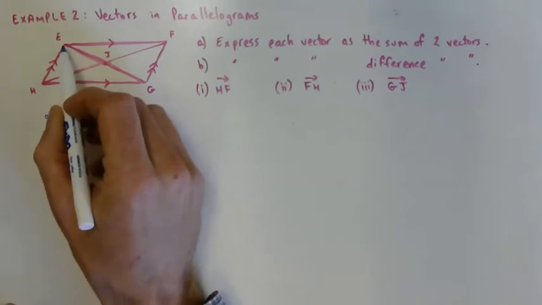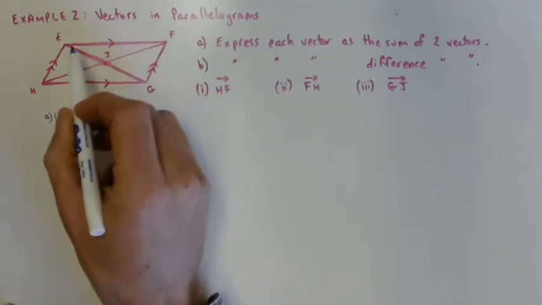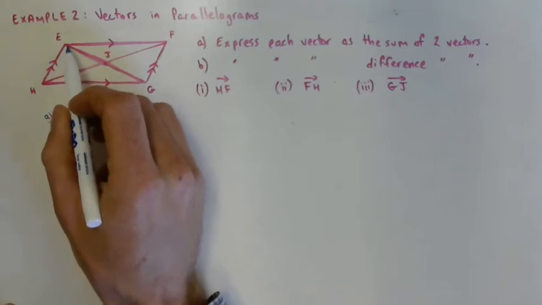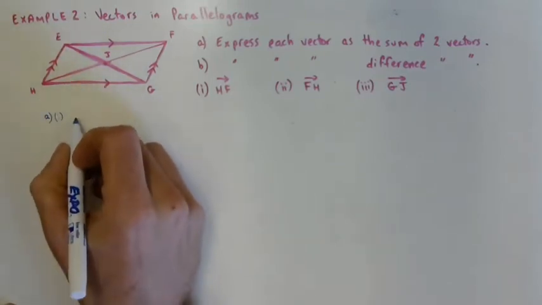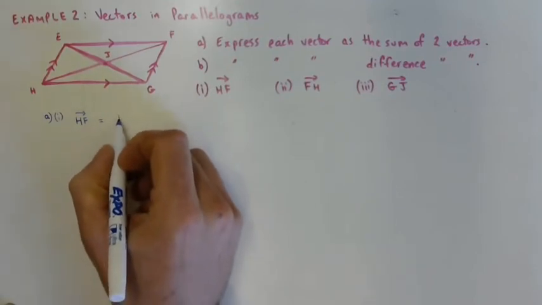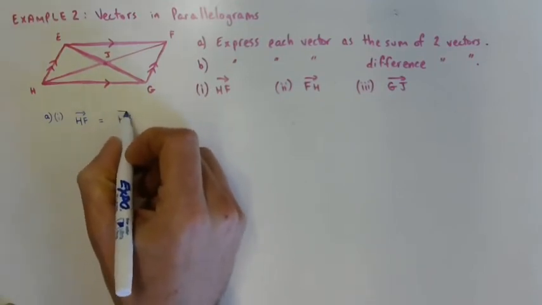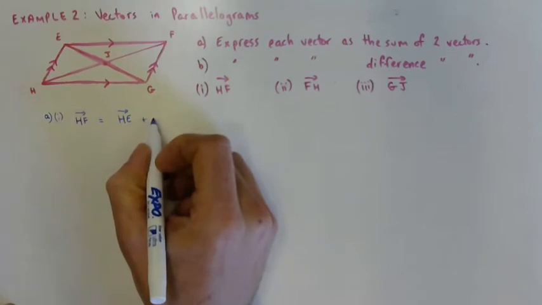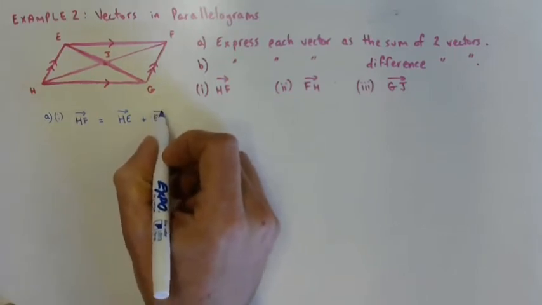If we take the tail of EF and attach it to the head of HE, which it is, then vector HF is equal to vector HE plus vector EF.